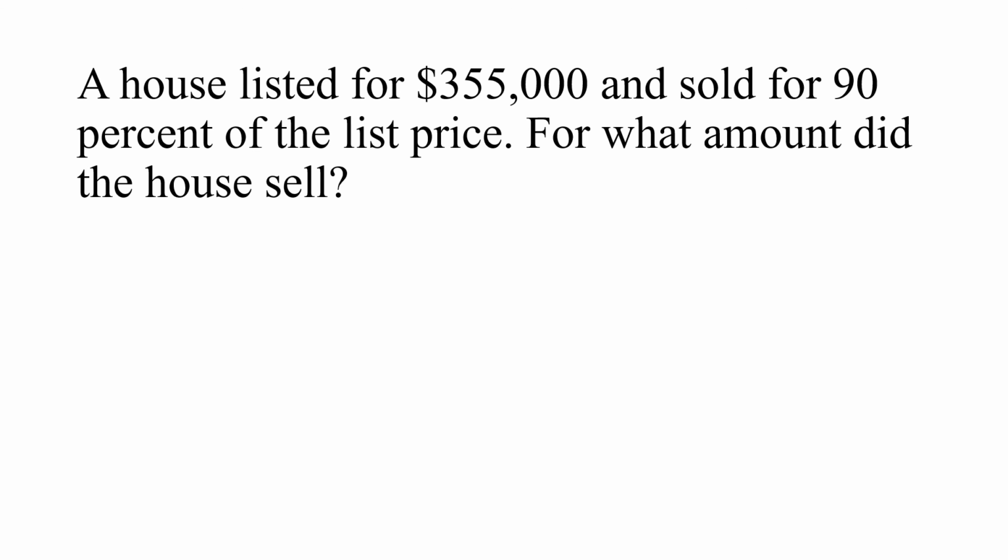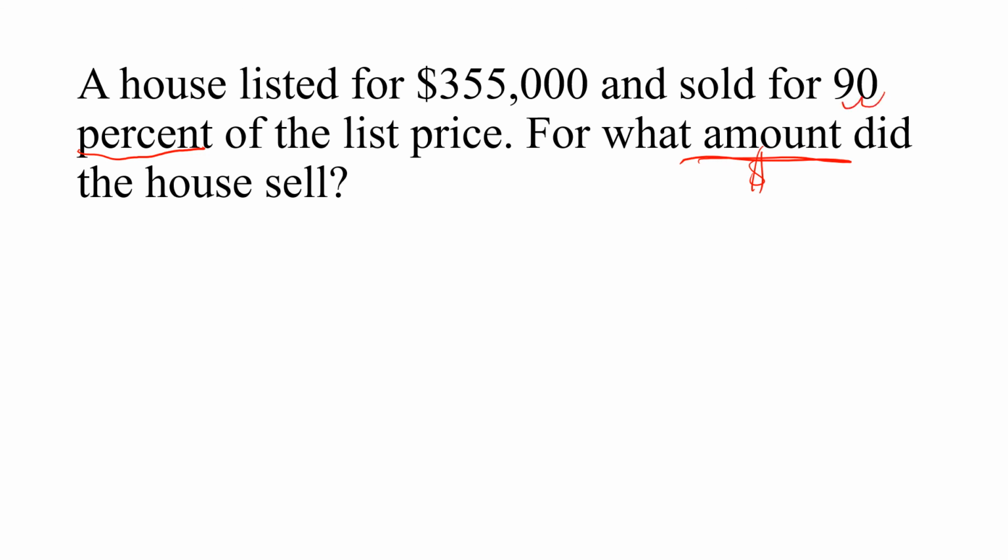Okay, a house listed for $355,000 and sold for 90% of the list price. For what amount did it sell? So we've got to convert this 90% to a decimal.